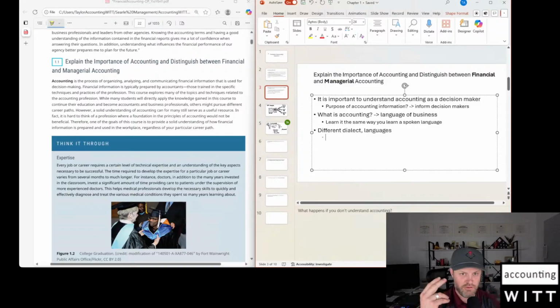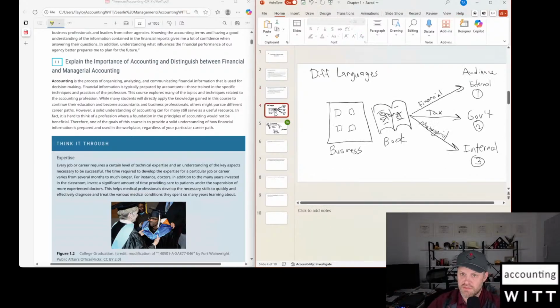So different words can mean different things in different dialects. There's words in one dialect that don't exist in the other. So in accounting, this concept of accounting language, there's several dialects, and that's where this picture comes in.